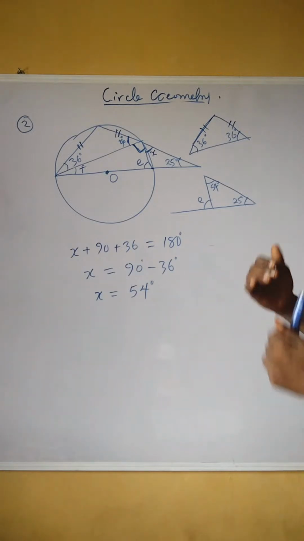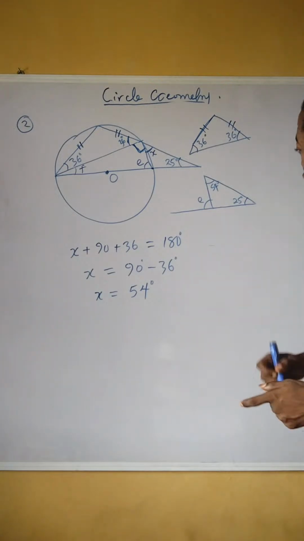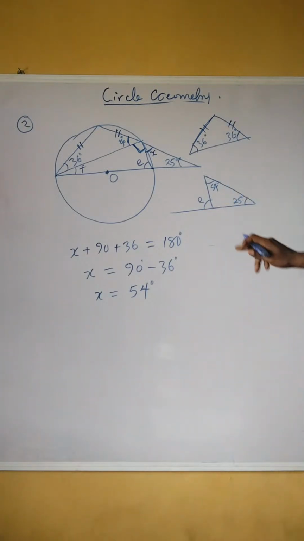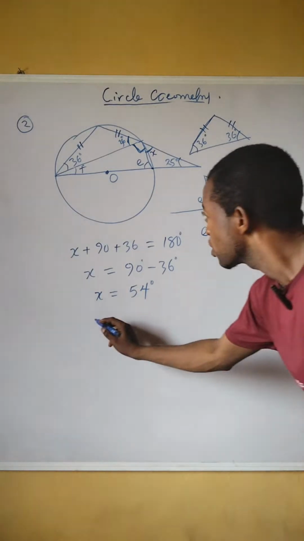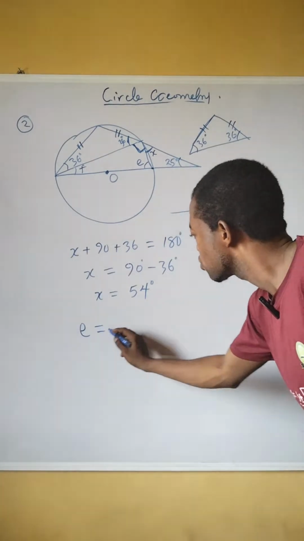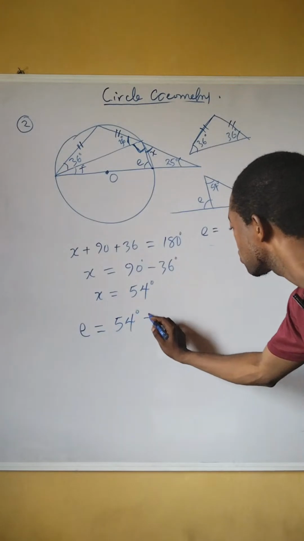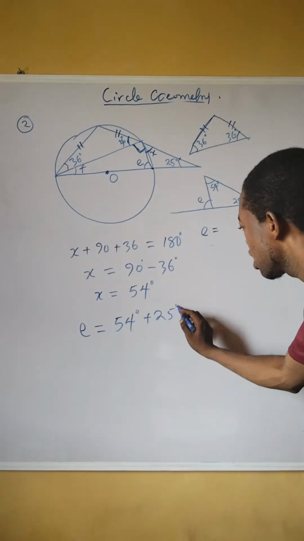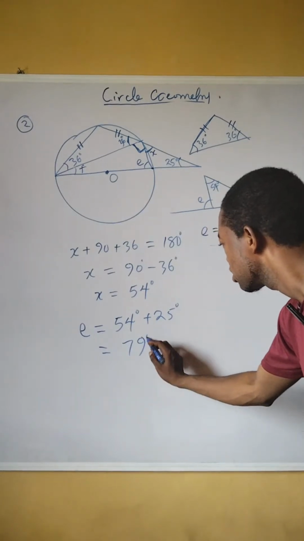That's why we need to understand the properties of triangles very well. An exterior angle of a triangle is equal to the sum of the two opposite interior angles. So angle E equals 54 degrees plus 25 degrees, and that gives us 79 degrees.